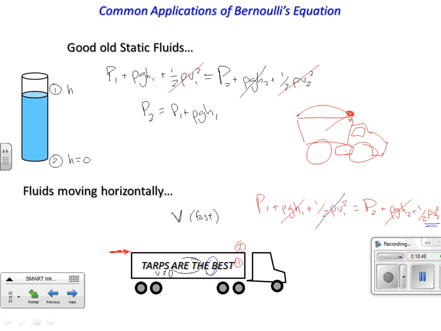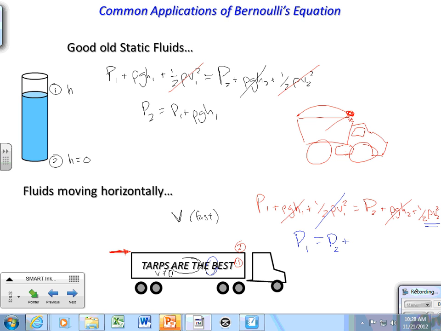And that means that pressure 1 is going to be pressure 2, air pressure, plus 1/2 rho V2 squared. So the pressure inside there is bigger than the pressure outside. And what does the tarp do? The tarp ends up bubbling up like this.